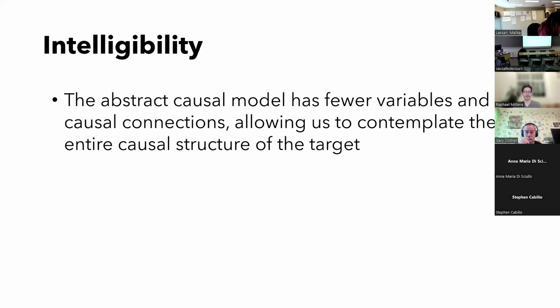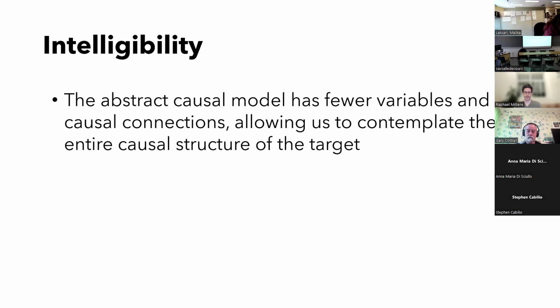So rather than talking about interpretability, you could argue this is just semantics, but I like talking about intelligibility in the sense that what's really interesting about the causal model you end up with is that it's intelligible in the sense that it has fewer variables than the target, and it has fewer causal connections as well.